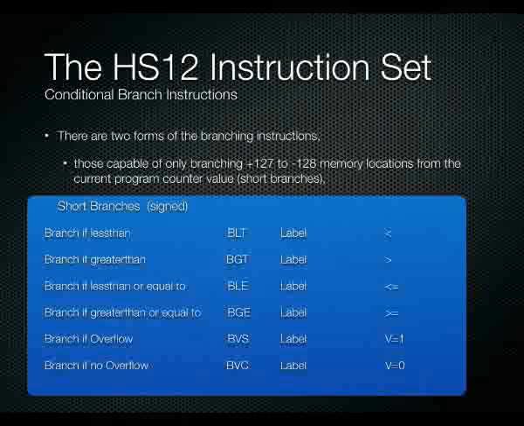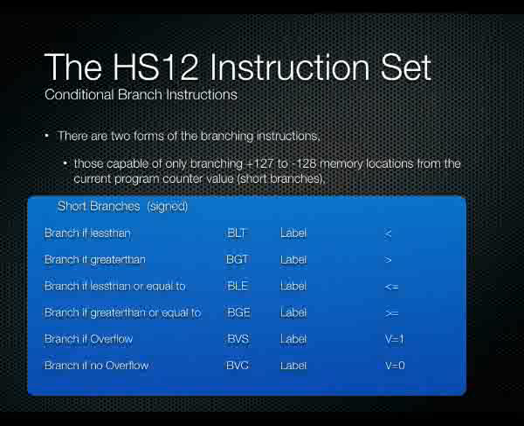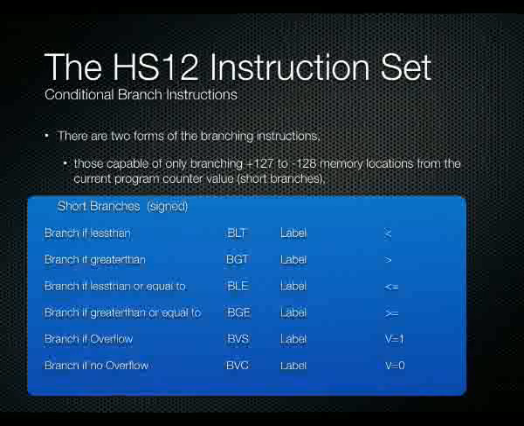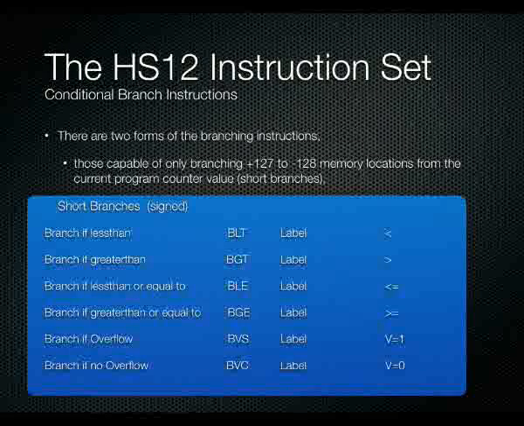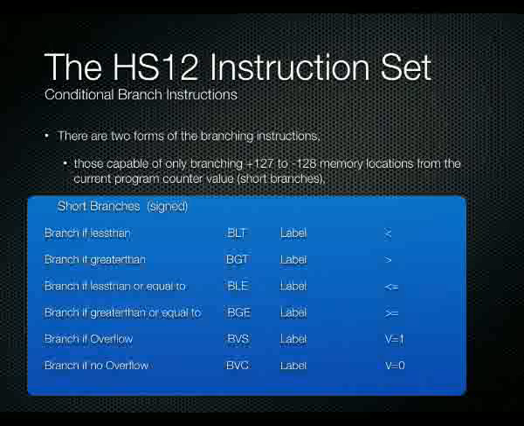So we're going to branch if less than label, we can branch if greater than with the BGT label, we can branch if less than or equal to using the BLE, branch if greater than or equal to using the BGE, branch if an overflow occurred using BVS, branch if no overflow using BVC. Okay, so we've got those branching instructions for short signed branches.